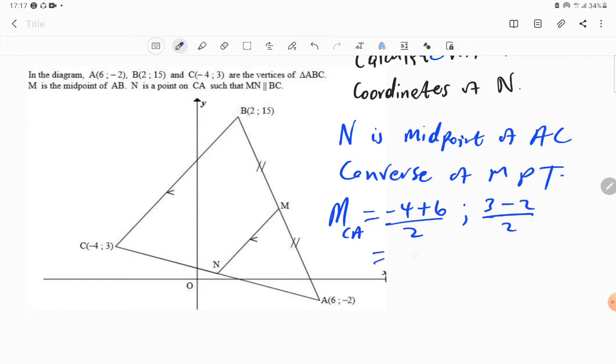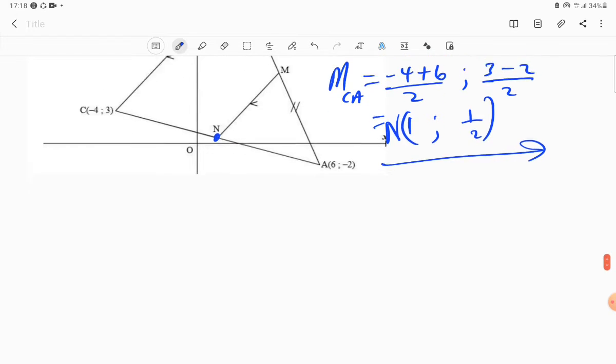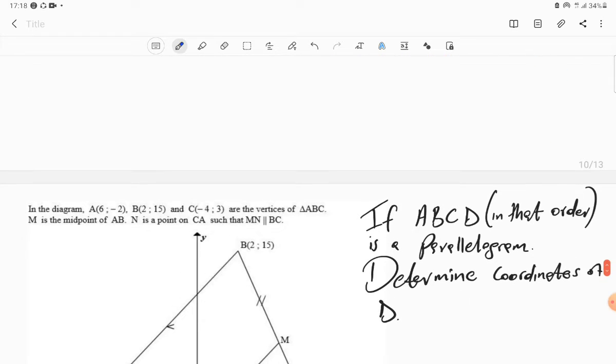So this one is 1, and this one is 1/2. So N has the coordinates (1, 1/2), and both are positive because N is in the first quadrant.